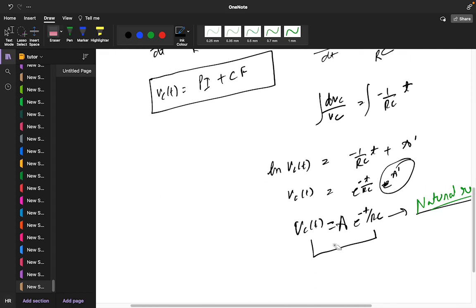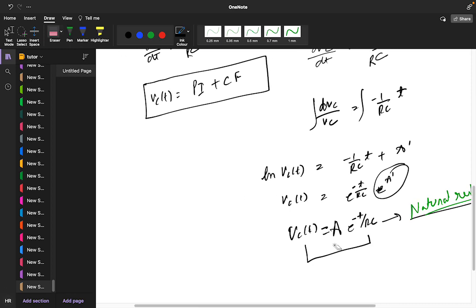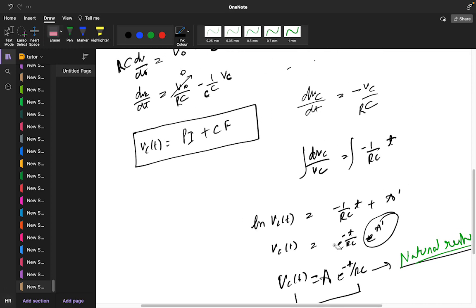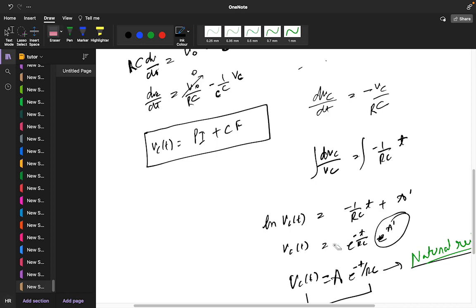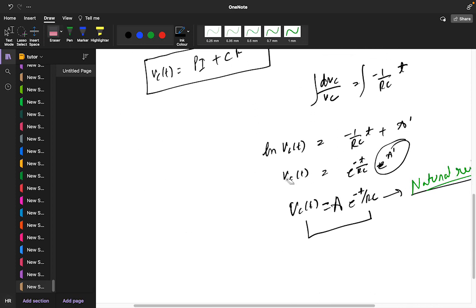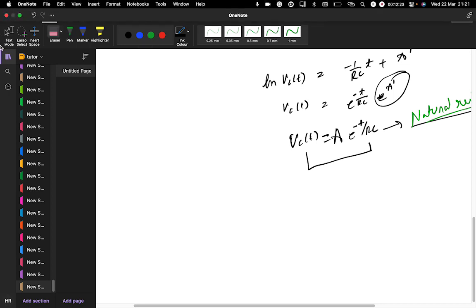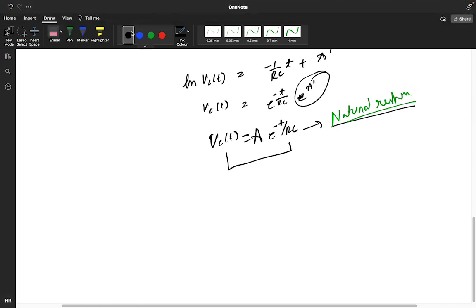What about the forced response? For the forced response, we have to see the steady state value. Okay, so in steady state, what will happen, guys? In steady state, how will the circuit look? Positive, negative, and the capacitor was there and your resistor was there.